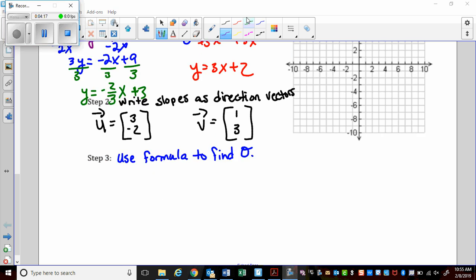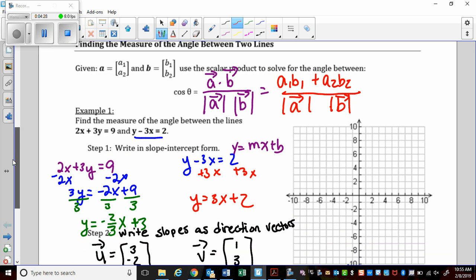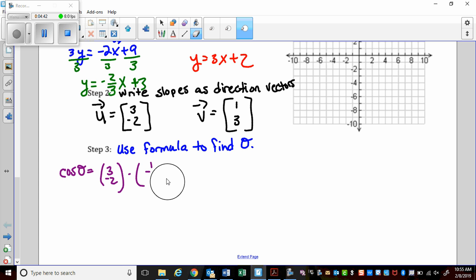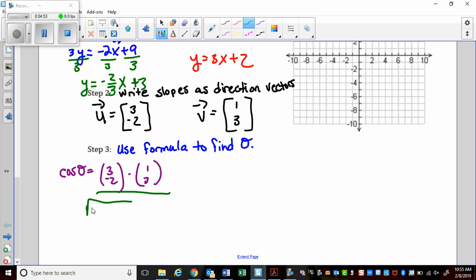My third step is just to plug it into the formula. So we have cosine of theta equals, and it is the dot product of the vectors. So 3, negative 2, dot 1, 3. Oops. I always do the fraction. All over the magnitude, which is the square root of 3 squared plus negative 2 squared.